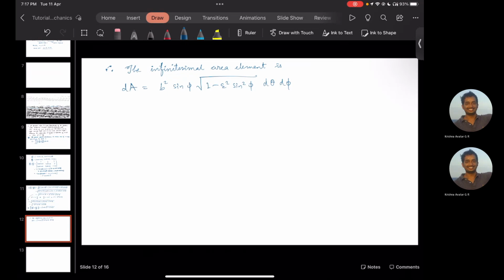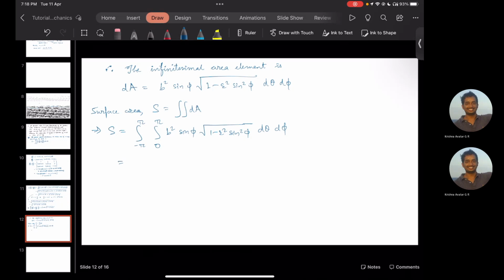Now the total area is what we are going to determine, right? The question asked us to determine the surface area. The surface area S is equal to the double integral of dA, isn't it? This implies that S is equal to, the limits for theta are minus pi to pi, and for phi are 0 to pi, of b squared sine phi root over 1 minus epsilon squared sine square phi d theta d phi.